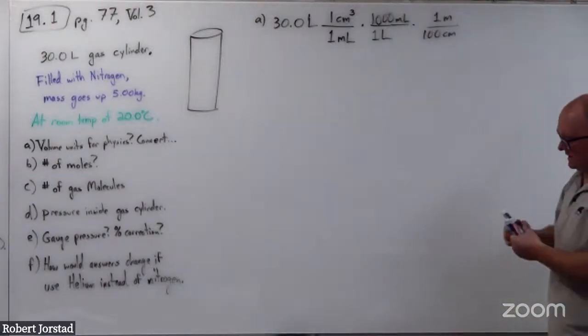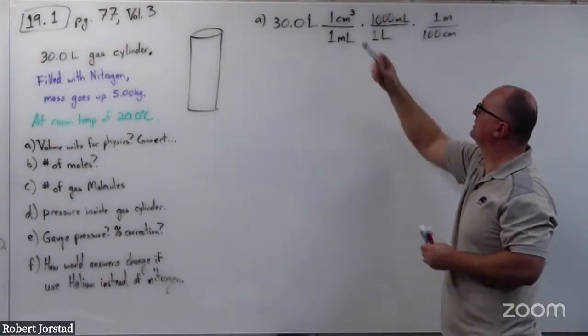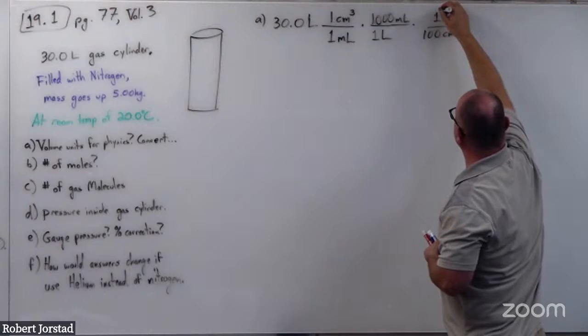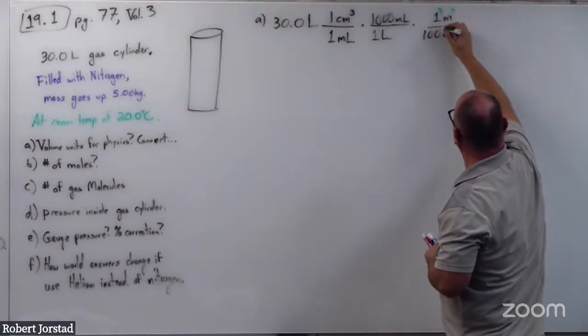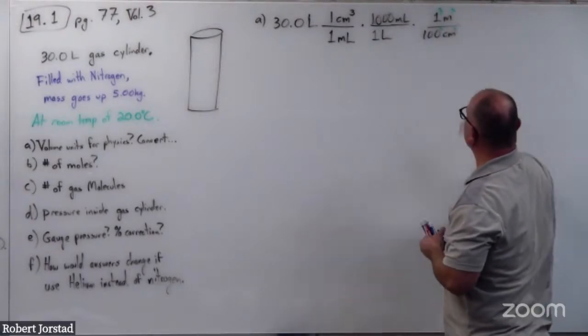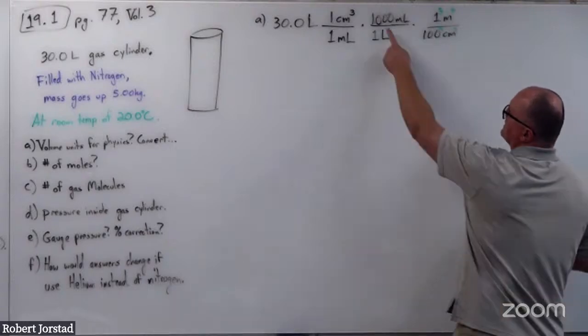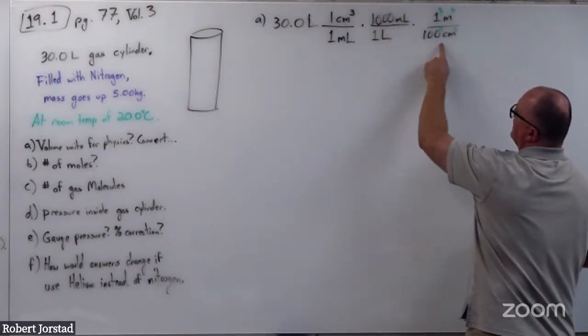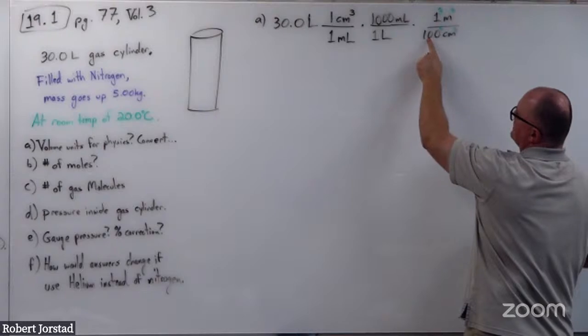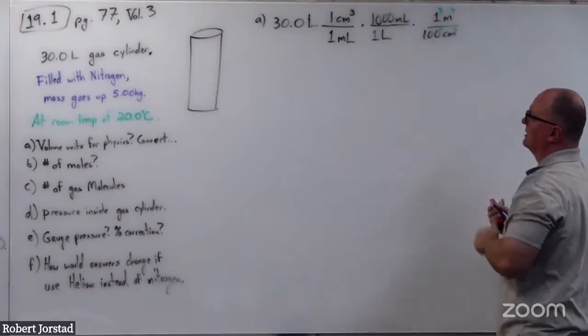But then because this is cubed, we better cube all of these, including that number there. And notice you essentially get 10 to the third over 10 to the sixth, because 100 cubed is a million.